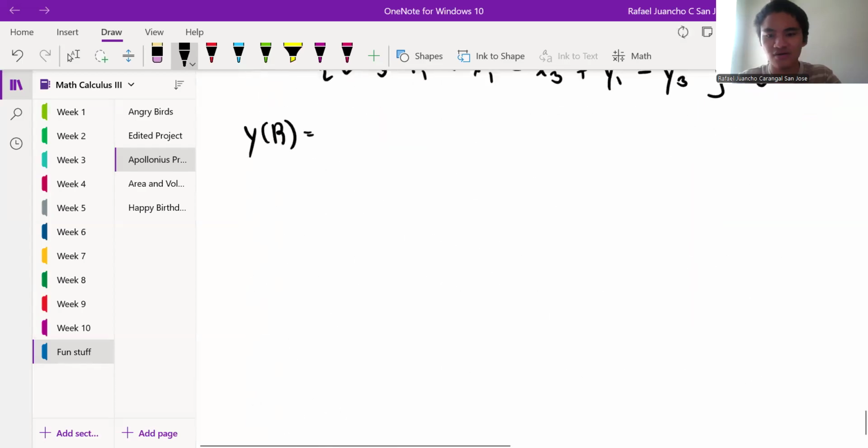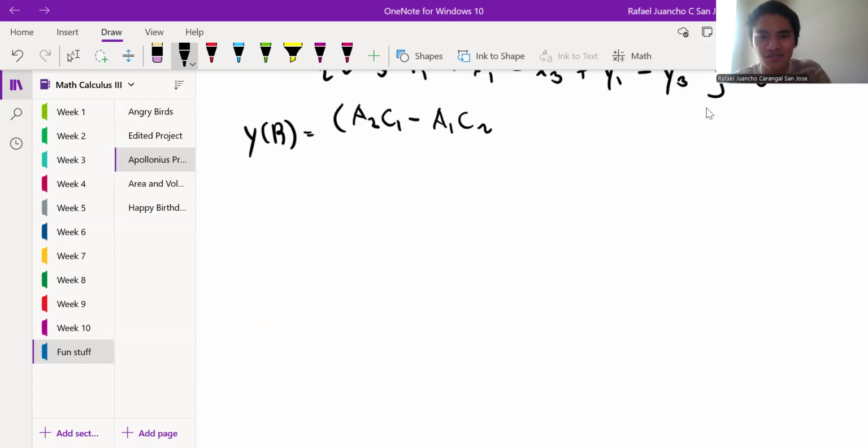Y of r is A2C1 minus A1C2, so here I'm just putting all of the constants together, A1C2, and that's a constant, R, plus A2D1, and then I think this was A1D2, right?